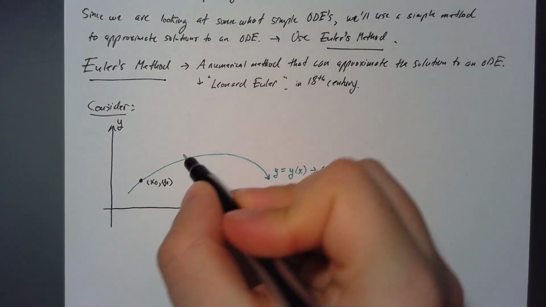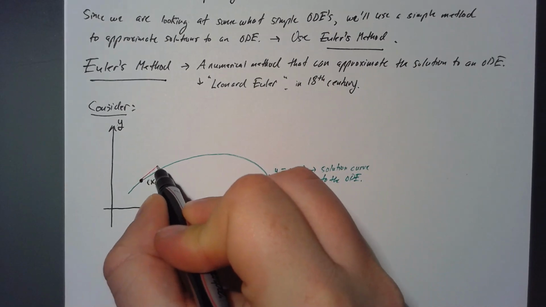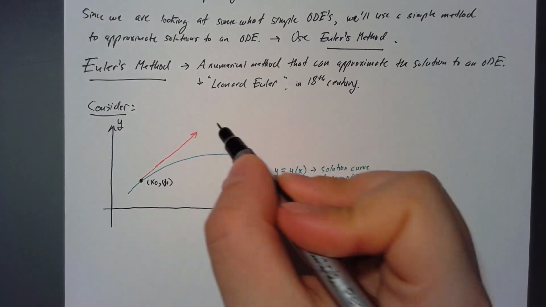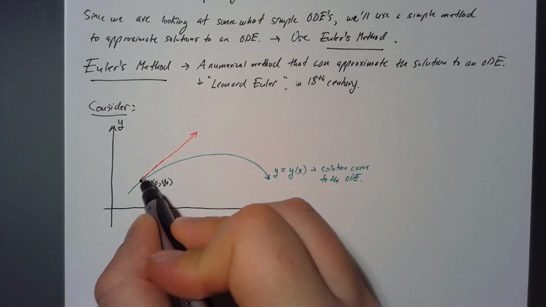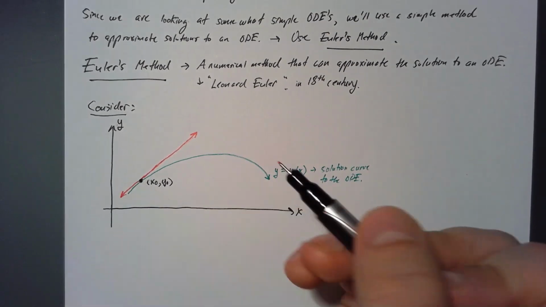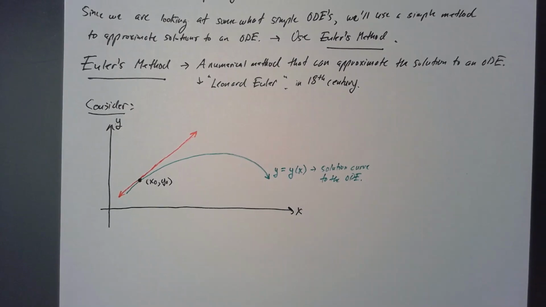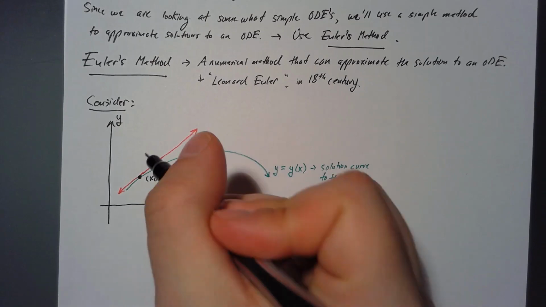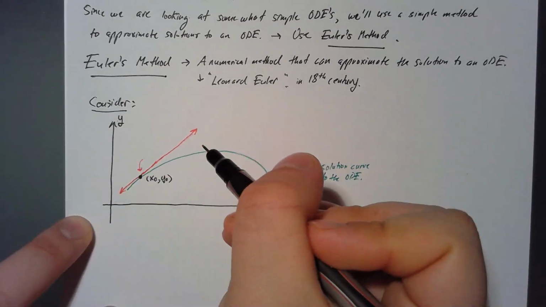So if I drew my tangent line, I have this, roughly, more or less. Right? So that's the tangent line to that point, right? It may not be exact. I mean, this is graphed by hand.